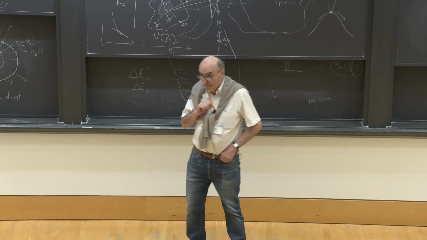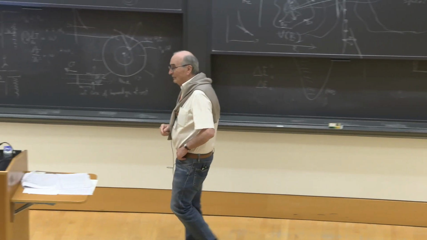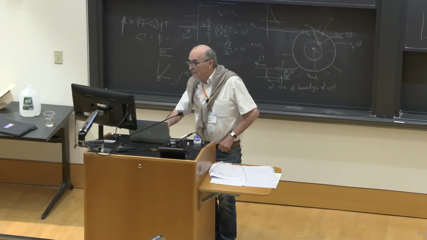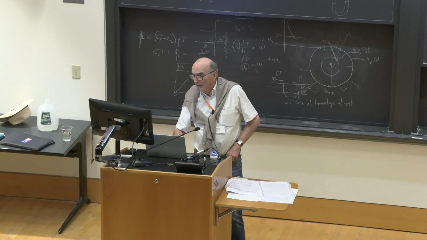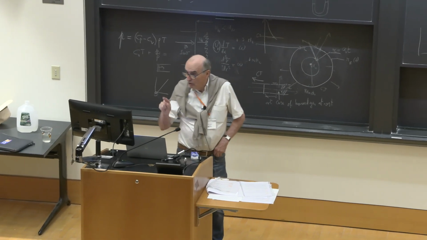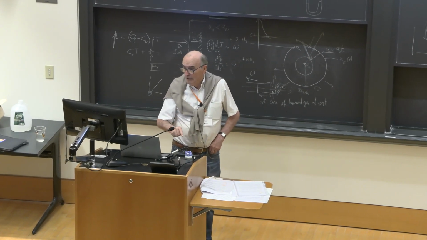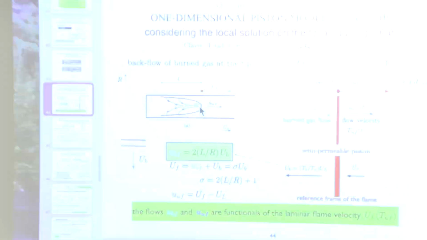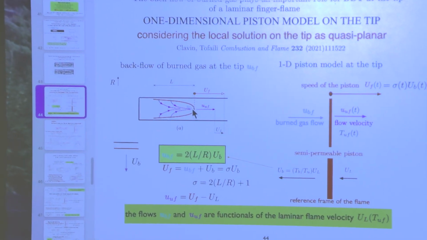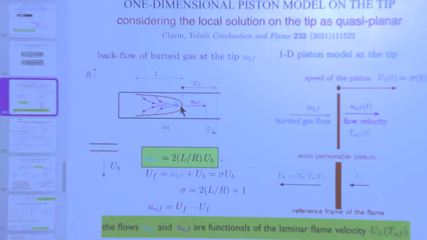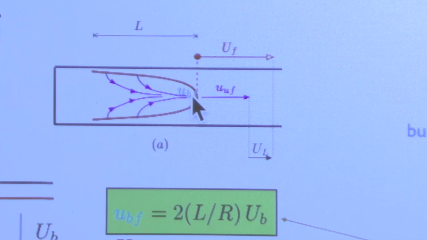So the important point is that the propagation speed of the tip is typically 100 times larger than the laminar flame speed relative to the fresh mixture.